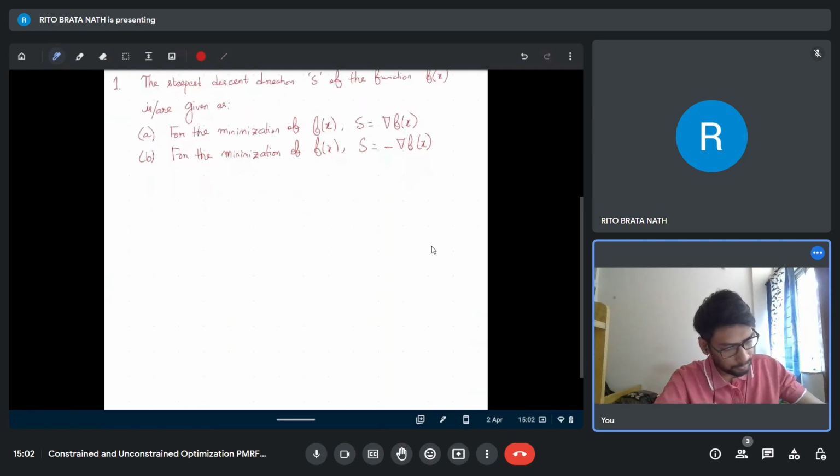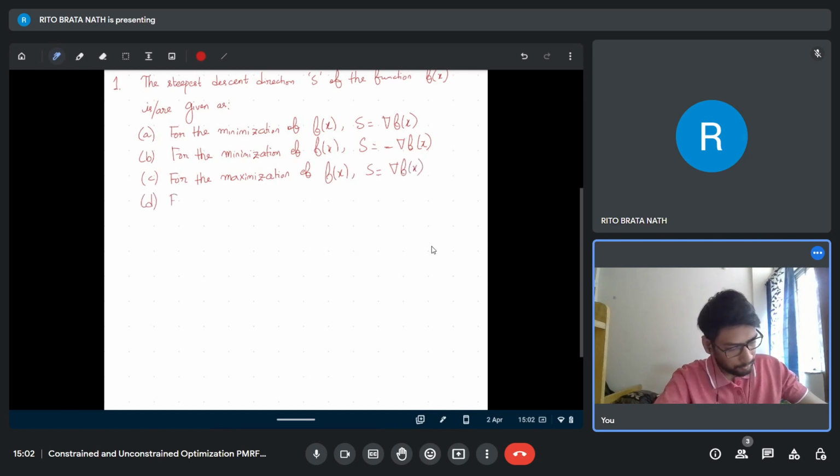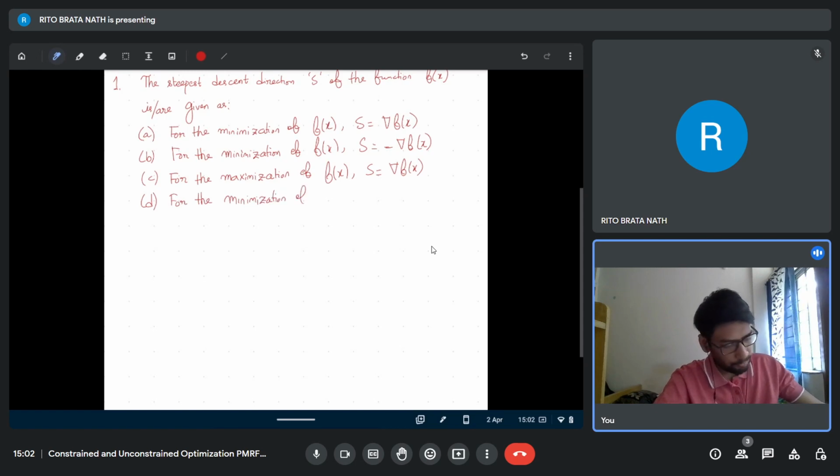Option C is for the maximization of f(x), S is grad f(x), and option D is for the minimization of f(x), and S is minus grad f(x).